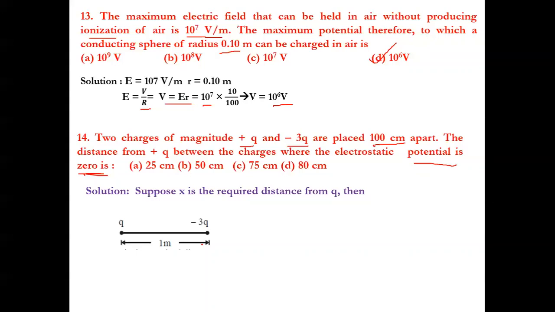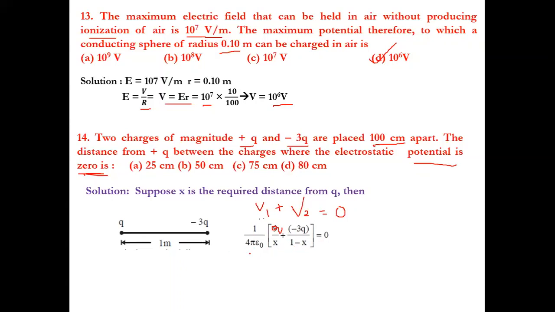Suppose X is the required distance. I take a point X somewhere here, then the remaining portion will be 1 minus X. So the potentials V1 plus V2 is equal to 0. So 1 by 4 pi epsilon naught times Q by X plus minus 3Q by 1 minus X equals 0.